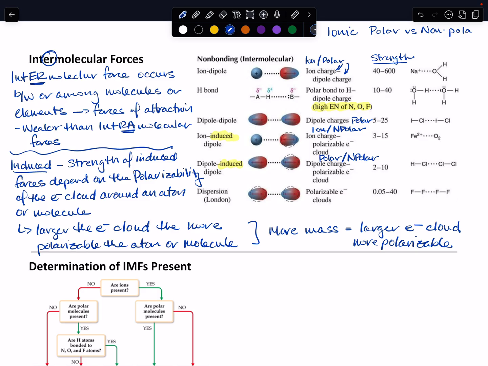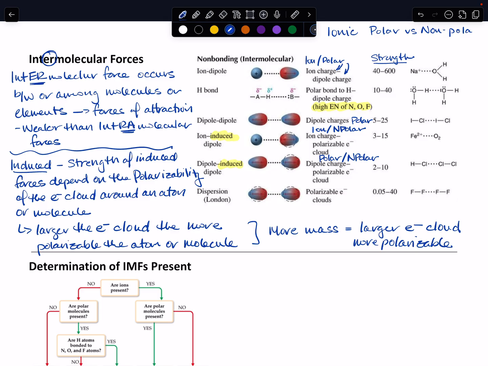So you get a buildup of charge across your non-polar molecule, an induction of a dipole. You can see this strength is less than what we saw with ion induced. There is some overlap, and that overlap is due to the variation in strength of the polarizability of these nonpolar molecules. If you have something that's highly polarizable, you're going to get a stronger induced dipole for those guys.